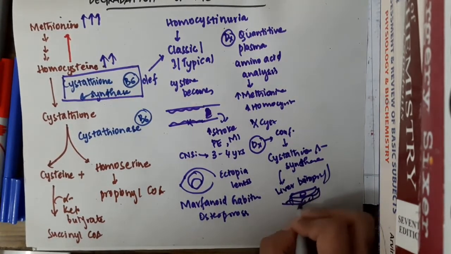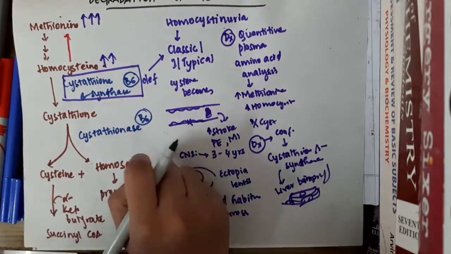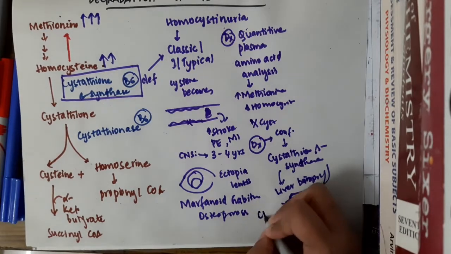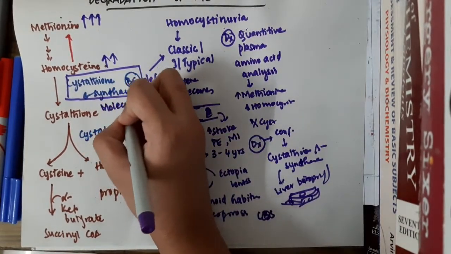If this enzyme activity is decreased, then obviously there is homocystinuria. You can also do molecular testing of this gene.